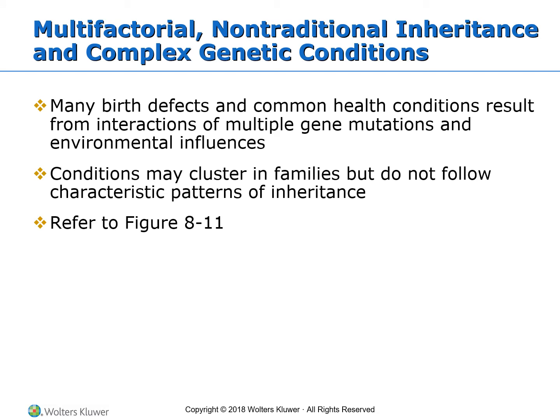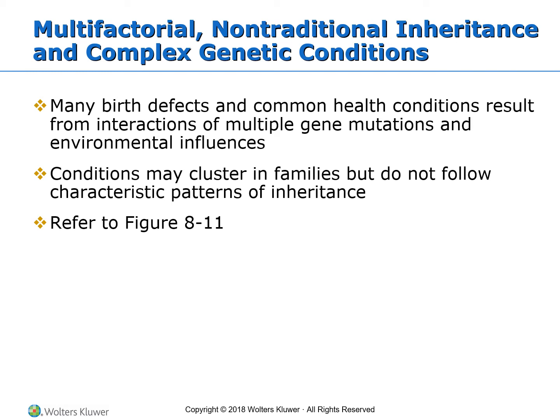There are other types of genetic conditions, multifactorial, which simply means that there are many different factors that come into play. Non-traditional inheritance, complex genetic conditions. Genetics is a very complex field, and they don't know everything about it.